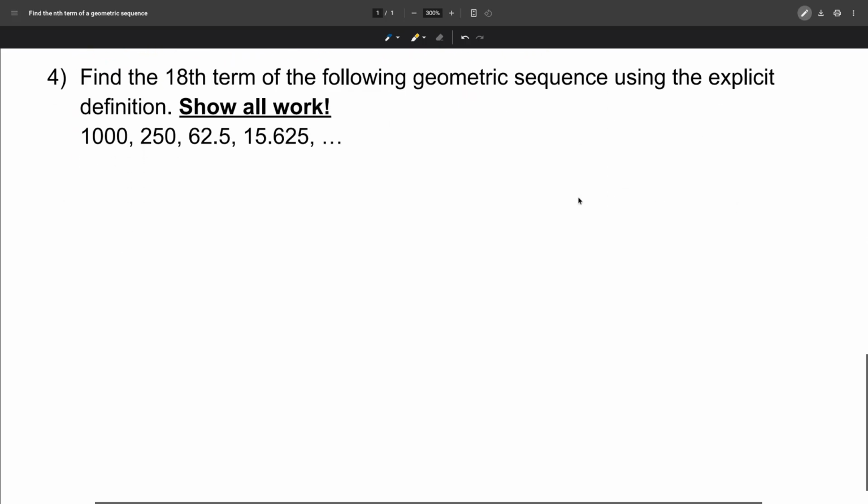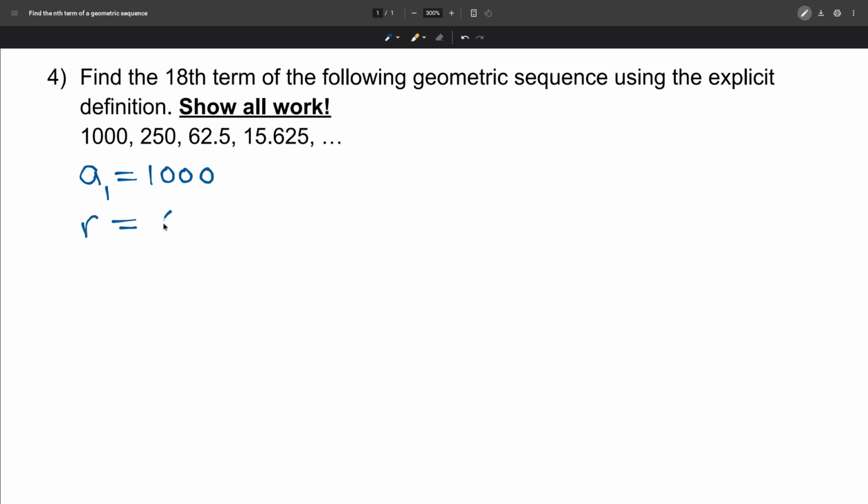All right, problem 4. Find the 18th term of the following geometric sequence using the explicit definition. Show all work. So we're going to go for our first term, which is going to be 1,000. We'll look for a common ratio.